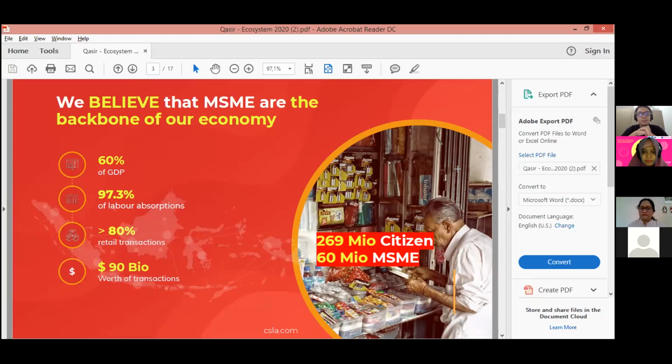We believe that MSMEs are the most important part of the Indonesian economy. 60% of Indonesia's GDP comes from MSMEs, and they also contribute 70.3% of the labor force, and 80% of all retail transactions, with a transaction value of 90 billion USD. Can we go next?